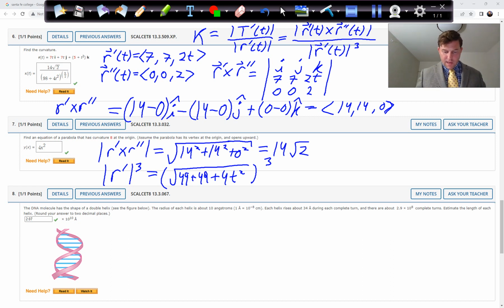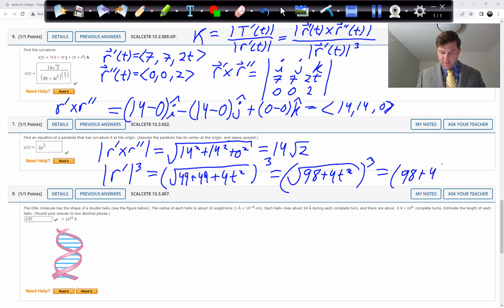And this is equal to the square root of 98 plus 4t squared. That whole thing is cubed, so that's the same as 98 plus 4t squared raised to the 3/2.